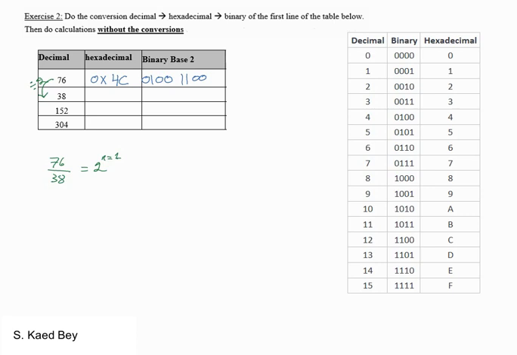Because we are dividing, we shift it to the right by 1. So the binary equivalent of 38 is the same binary for 76 shifted by 1 position to the right. This leads to the following number.